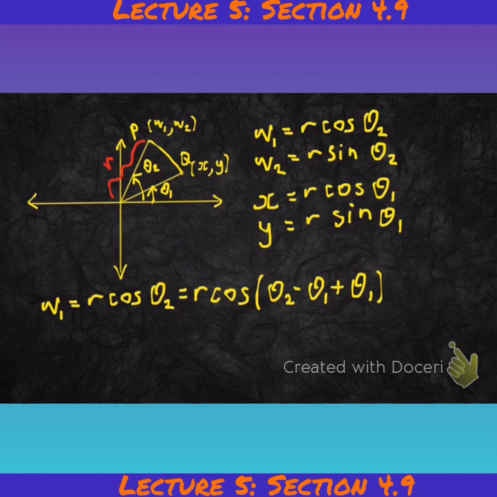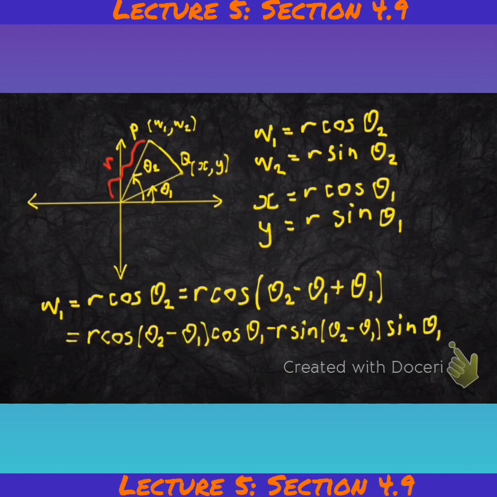Right, so we can replace theta 2 with theta 2 minus theta 1 plus theta 1. Right, so that we can then go and replace cos of theta 2 minus theta 1 plus theta 1. We can use our trig identity, and so replace that cos term with cos of that angle times cos theta 1 minus sine of that angle times sine theta 1.